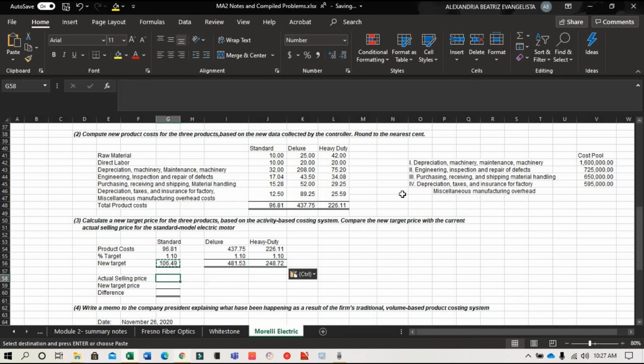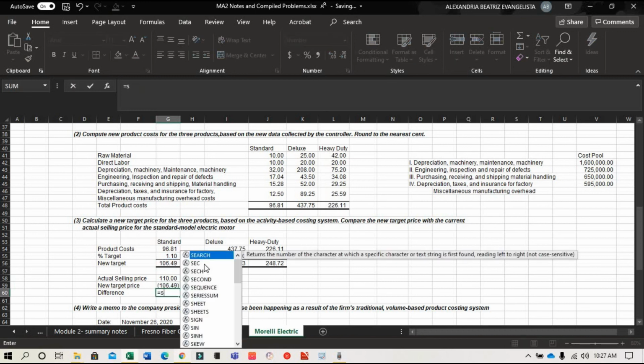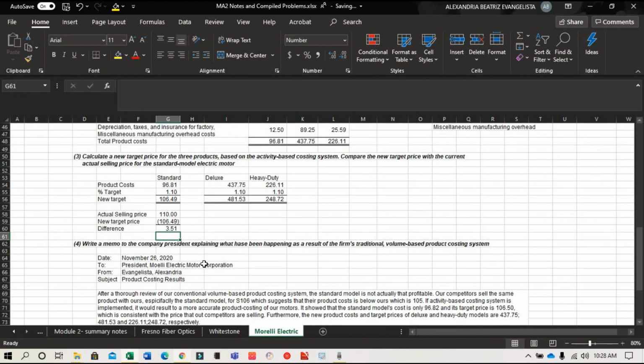Now let's compare the actual selling price of the standard, which is 110, and the new target price, which is 106.49, and then we're going to get a difference of 3.51. As you can see, the standard model is selling at 110, which is higher compared to the new target price under the activity-based costing.